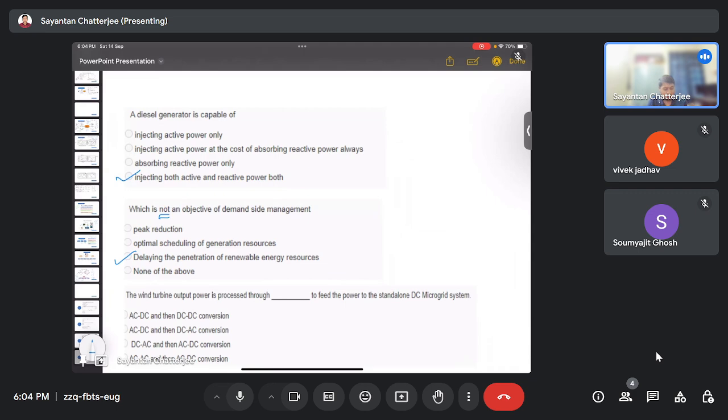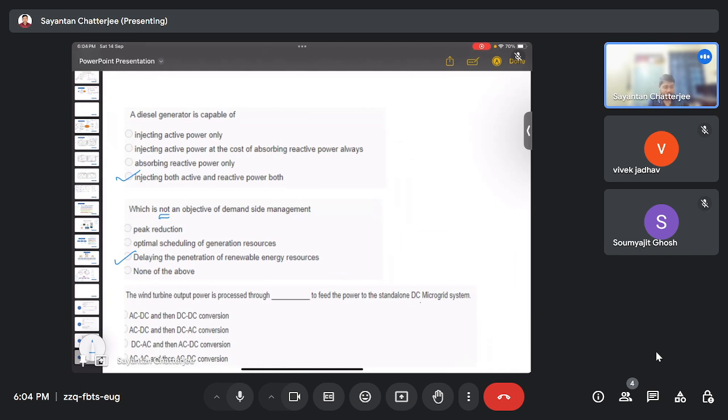The wind turbine output power is processed through dash to feed the power to a standalone DC microgrid system. AC-DC and then DC-DC, AC-DC and then DC-AC, DC-AC and then AC-DC, AC-AC and then AC-DC.